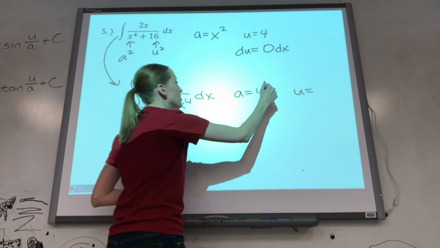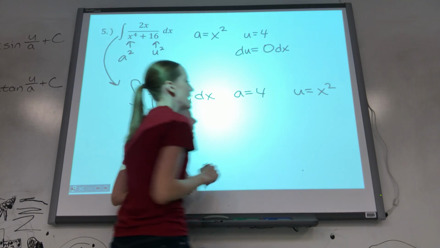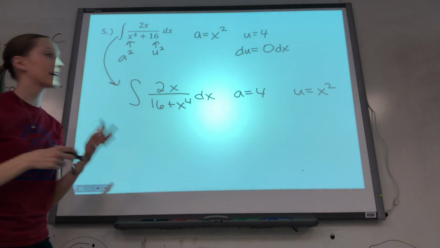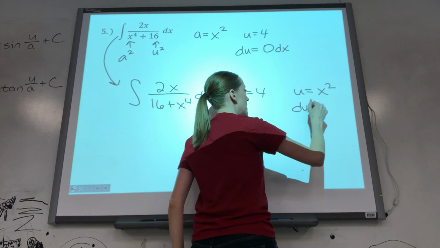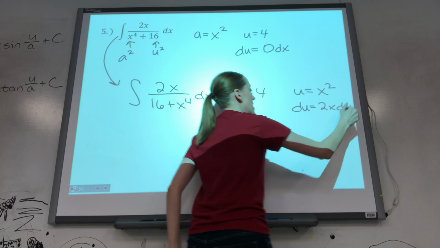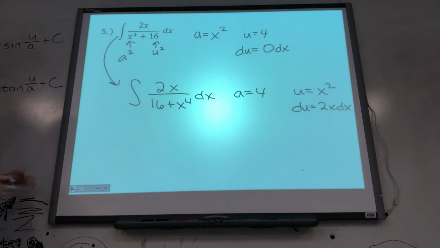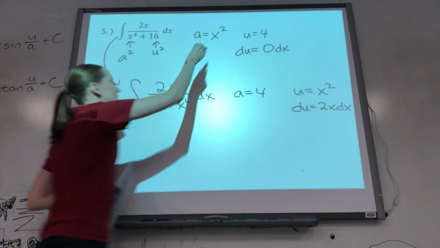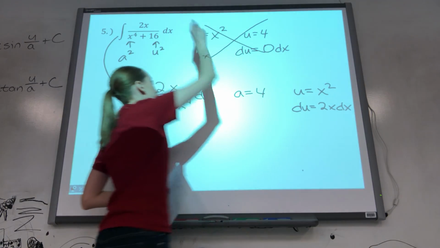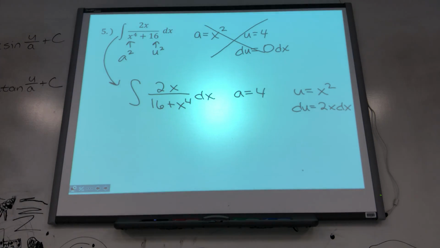So A is actually 4. And u is x squared, and that works out really nice because the derivative of that would be 2x dx, and you've already got it.